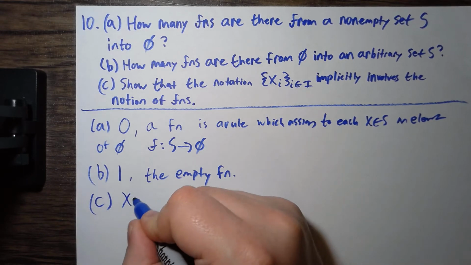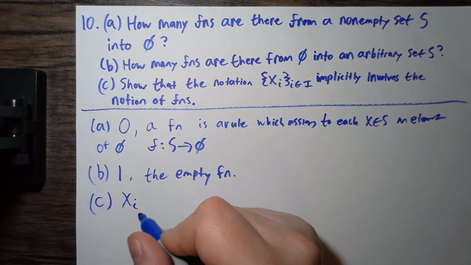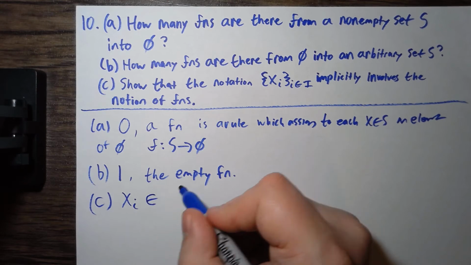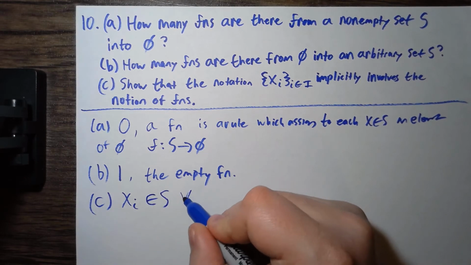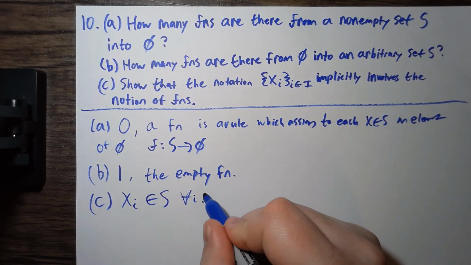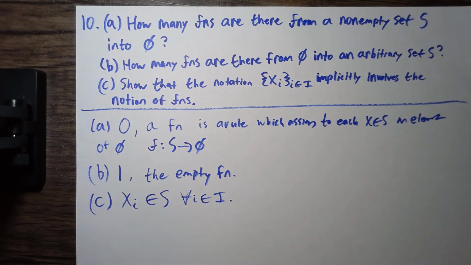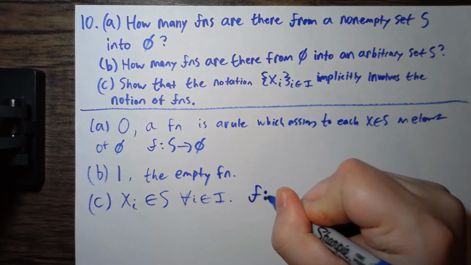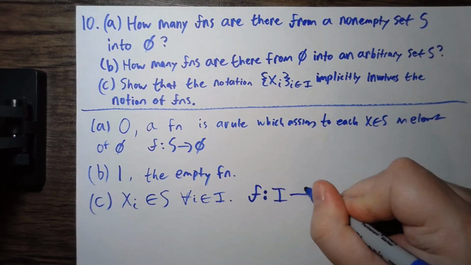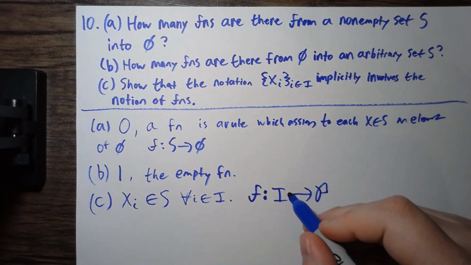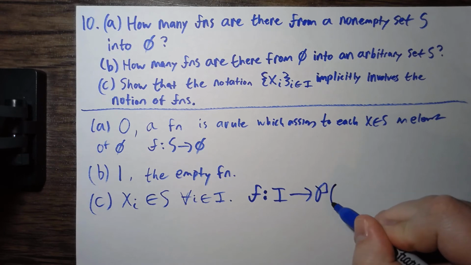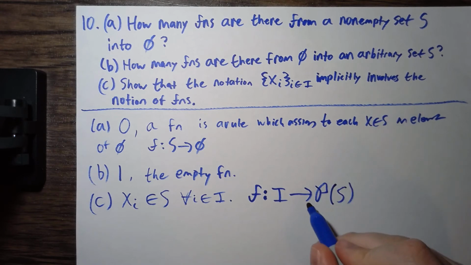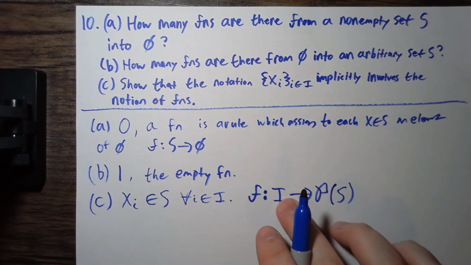So let's think of our x_i's as being in some set S, and this is for every i in I. Then the way we can think of this is a function from I into the so-called power set of S. That is the set of subsets of S.